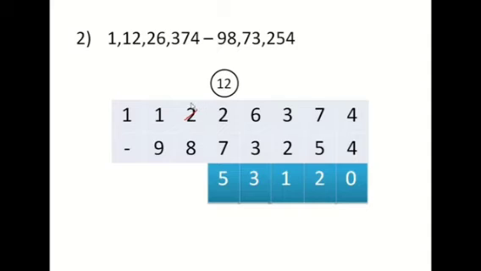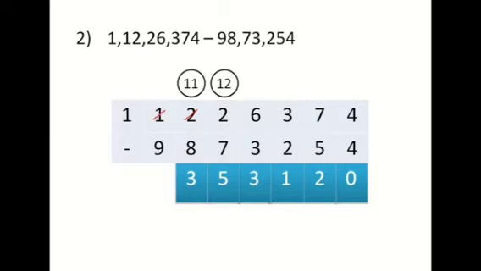Now this 2 became 1. 1 minus 8. Can we do? No. So again I have to borrow 1 from here. So now I have borrowed 1 and the previous one became 11. So 11 minus 8 gives you 3.